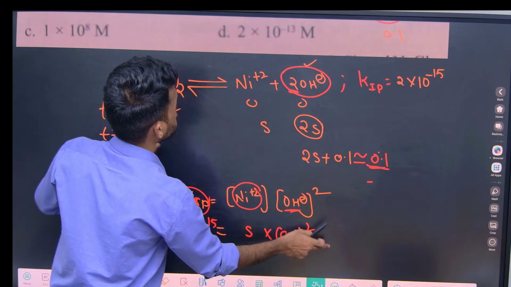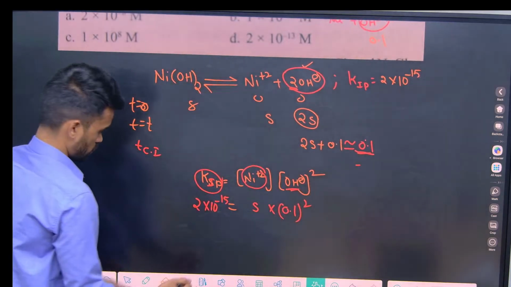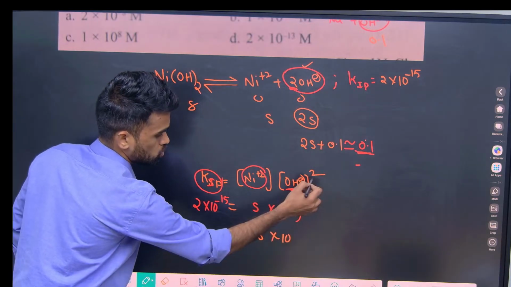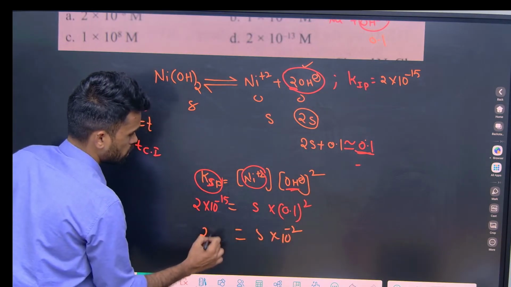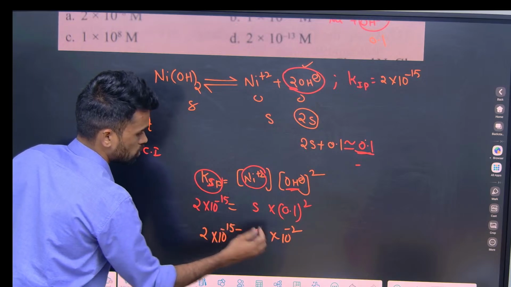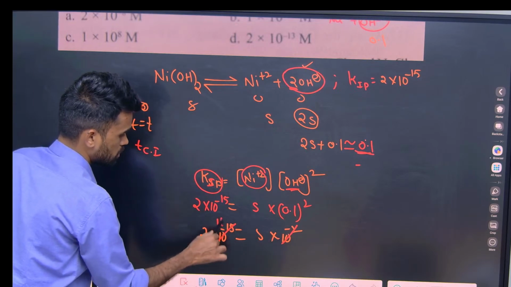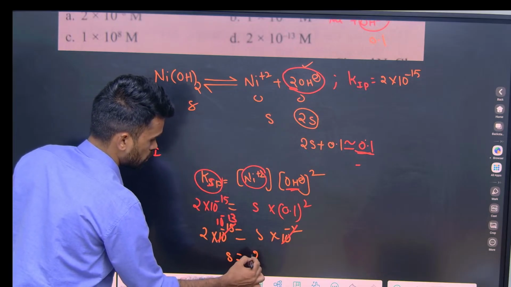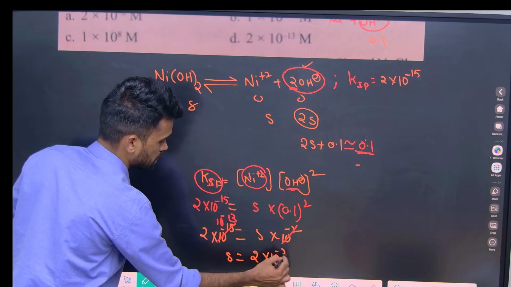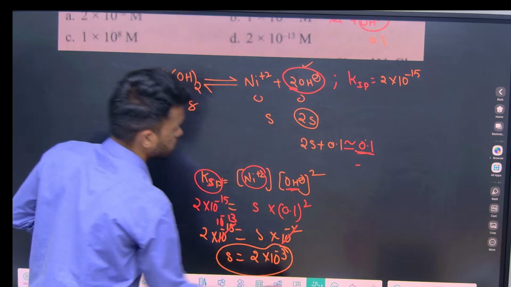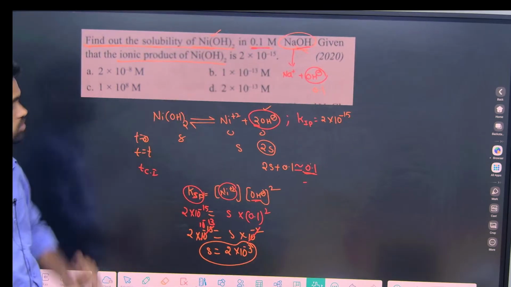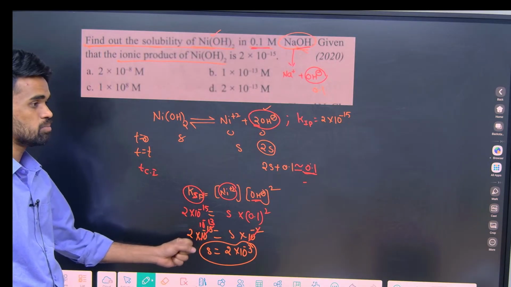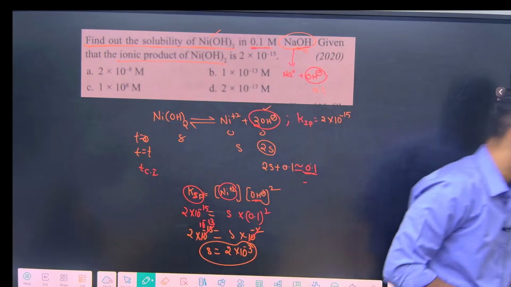See how much it will become now? This is 10 power minus 1 power 2, that is 10 power minus 2. 2 into 10 power minus 15. So now how many times is it? 10 power minus 13. So S is equal to 2 into 10 power minus 13. So yes, we have option D. That is your answer for this question. S is nothing but molarity.